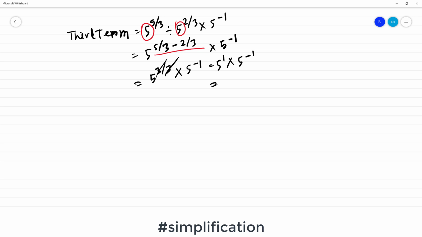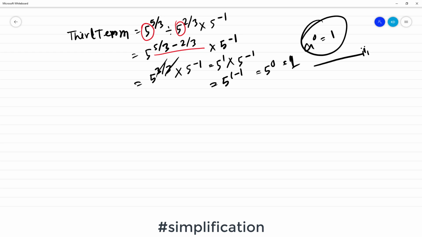So you get 5 to the power 1 minus 1, which is 5 to the power 0. So anything to the power 0 is equal to 1. So from this formula, we get this one. This is 1. Okay, so this is our third term.